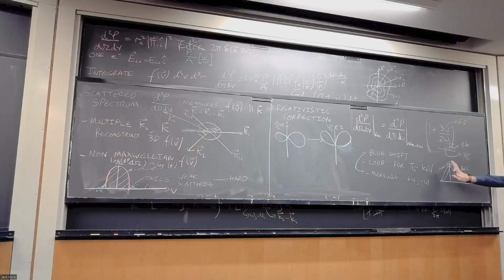And if you only measure half of your spectrum, this is frequency, if we only measure the positive frequencies or negative frequencies, we might misinterpret what's going on here. So if you're starting to work with relativistic plasmas, you may be tempted with your spectrometer, because you only have a finite number of frequencies you can measure at, to only measure positive or negative frequencies because the spectrum is symmetric. But in the relativistic case, it's not.